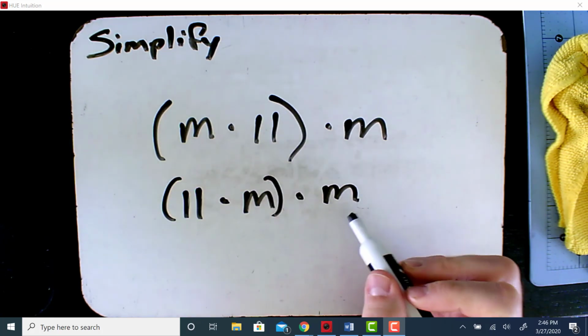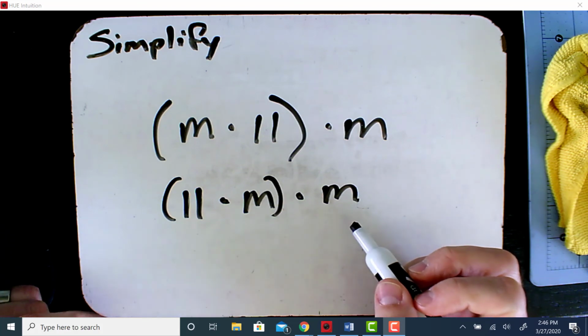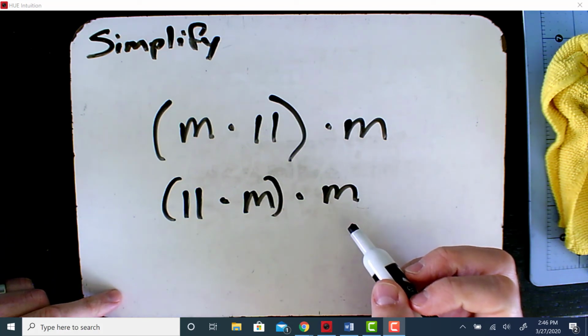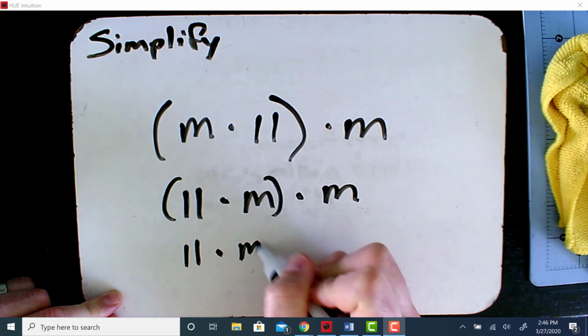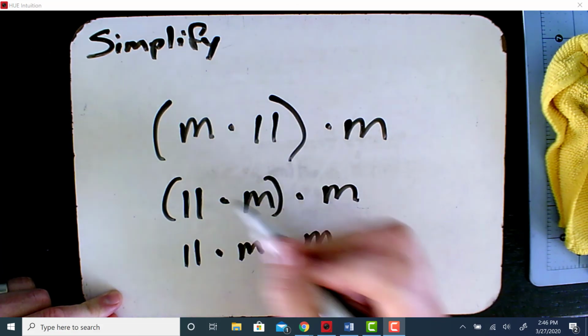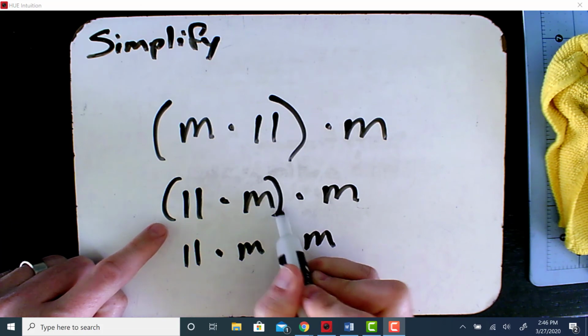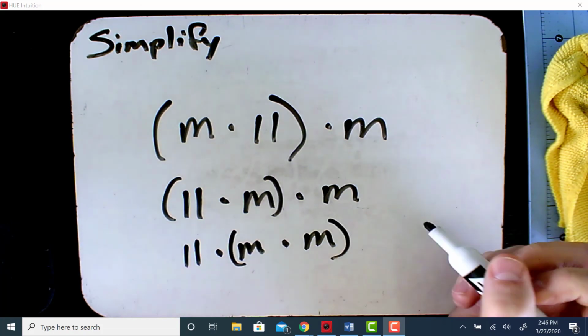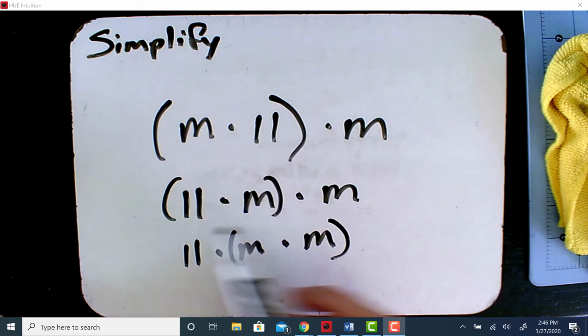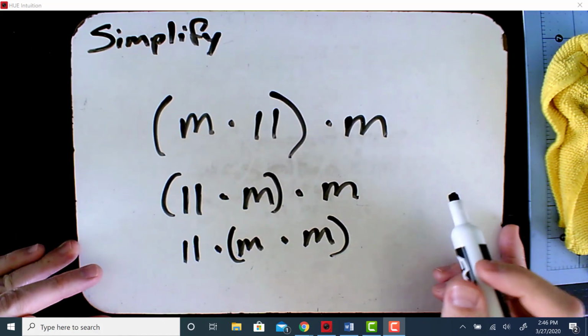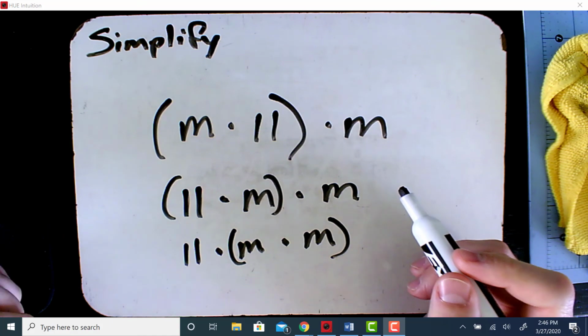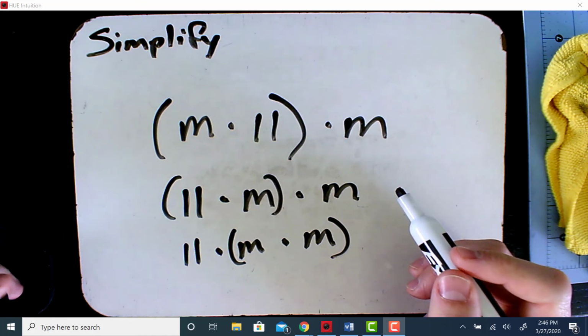I'm also going to use the associative property and change where my parentheses are. So I'm going to still have 11 times m, but instead of having the parentheses right here, I'm going to move my parentheses so it's around the two m's. And I know I'm allowed to do this because everything's being multiplied. Associative property says I can change where my parentheses are if everything's being multiplied.